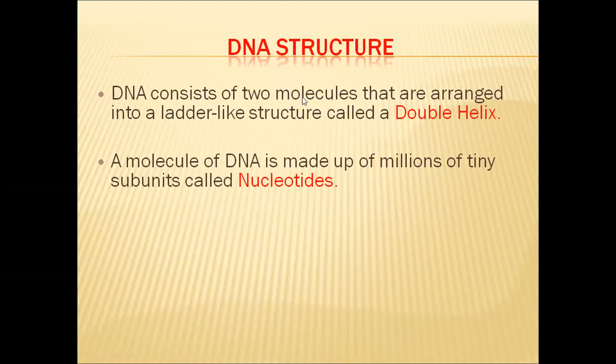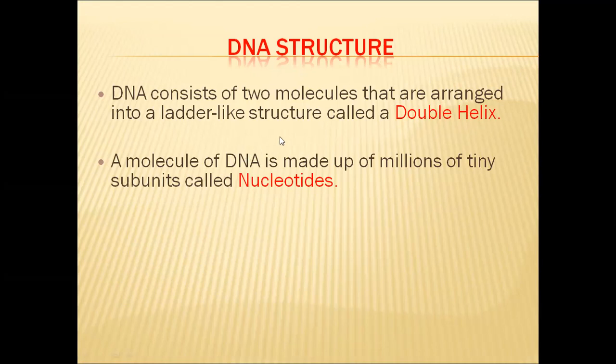These two polynucleotide chains are attached with each other. They spirally coil around each other, and they are connected with step-like structures, like in a ladder. So in this way, they appear like a ladder, coiled around each other. So they also appear like a double helix.